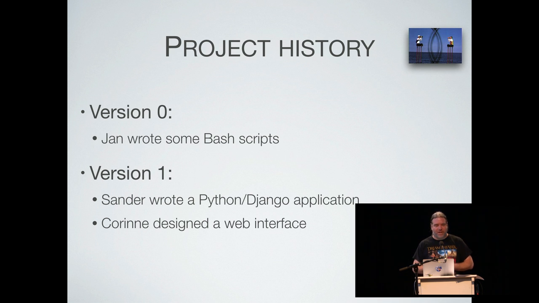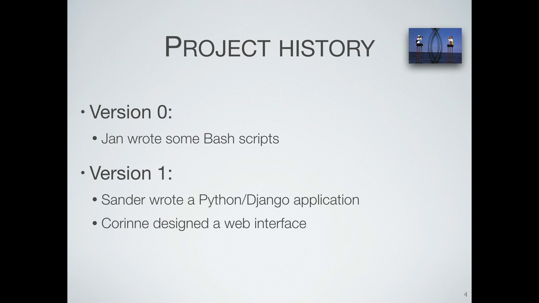His girlfriend did the user interface, because Sander and I would probably not be able to put together something appealing to your eyes. It would be like a white page with Times New Roman text, like we always do. So Sander volunteered and wrote the code.